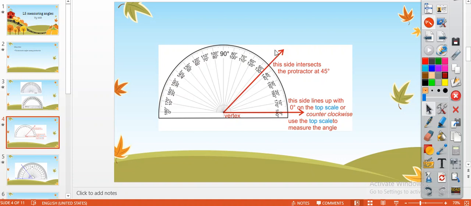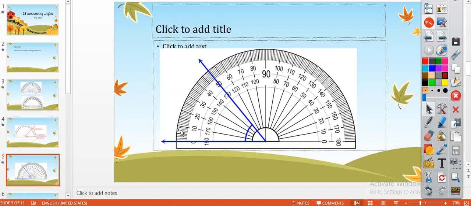This side intersects with the protractor at 45 degrees. Look here, start from 0, not from 180, be careful. Start from the 0, 10, 20, 30, 40. It did not reach the 50, it is 45. So remember, you have to start from the 0.